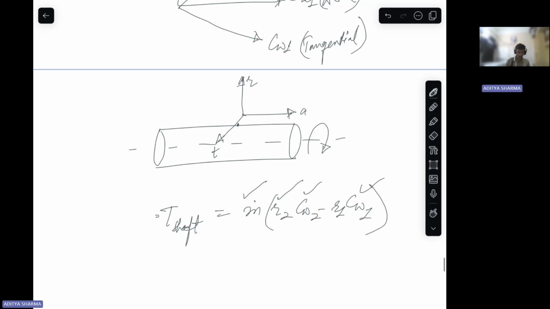Then if you give the example of a compressor, enthalpy and power.